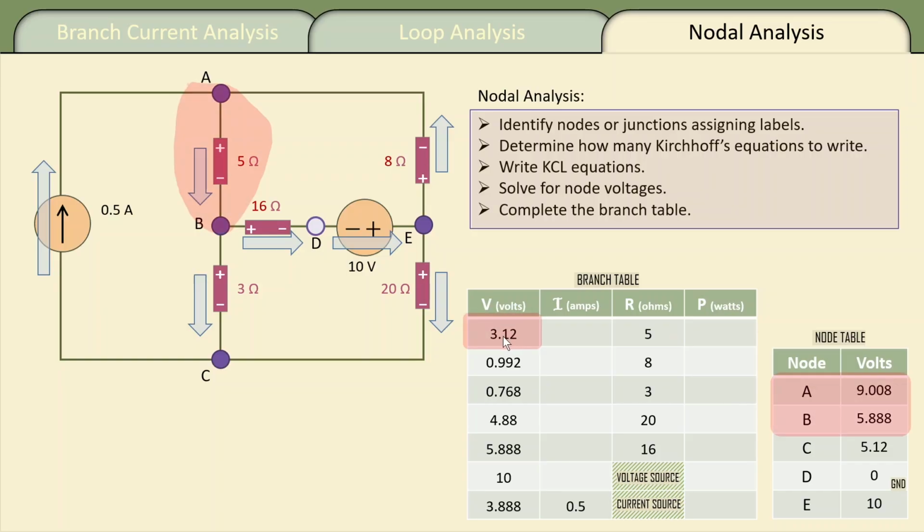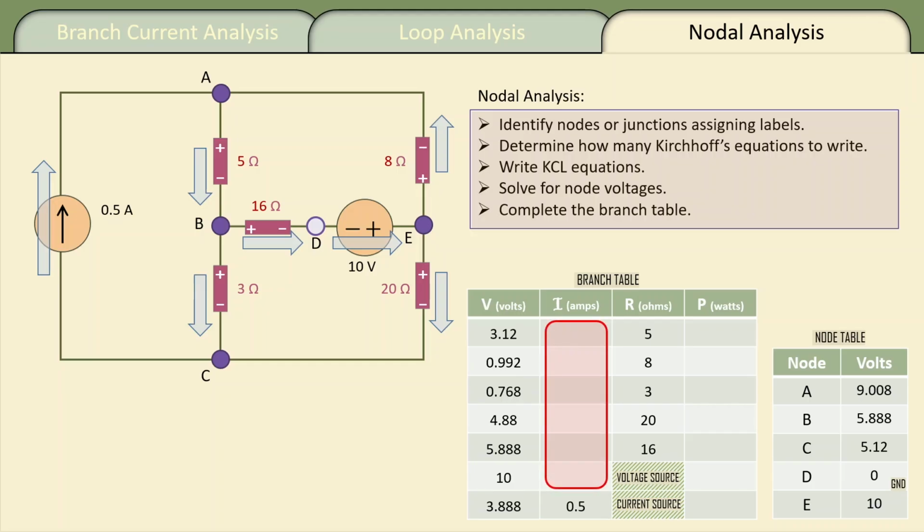I can get the volts associated with the 5 ohms as the difference in node voltages A and B. So 9.008 minus 5.888 is 3.12. And again, I can do that for every component in the branch table. I take a difference in node voltages to get the volts associated with that branch. In the branch table, though, we would always have positive values.